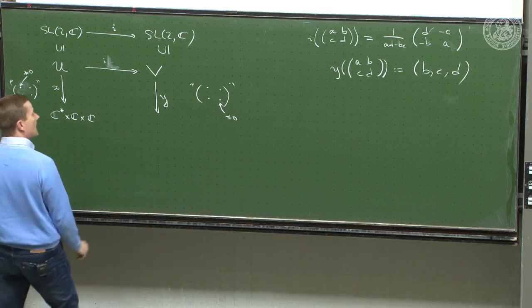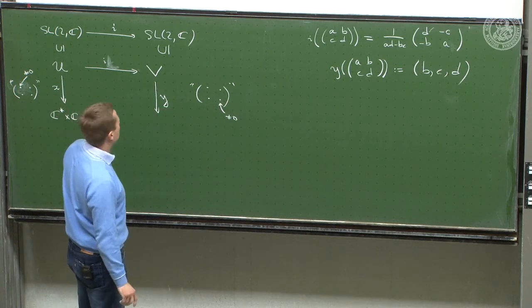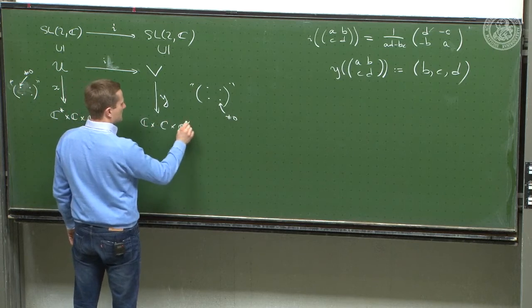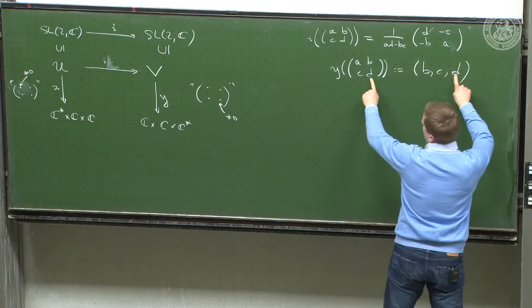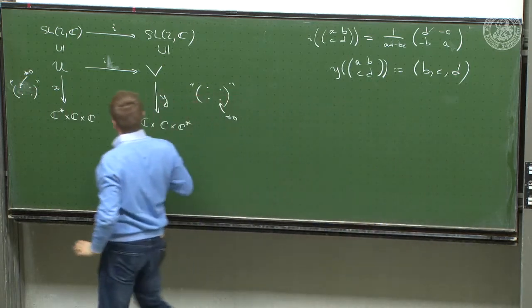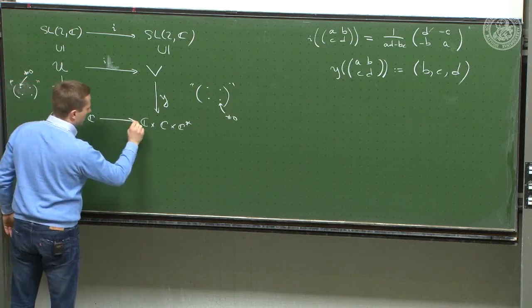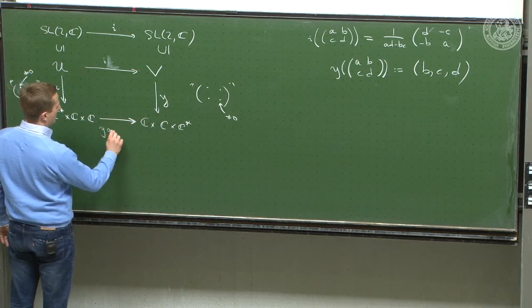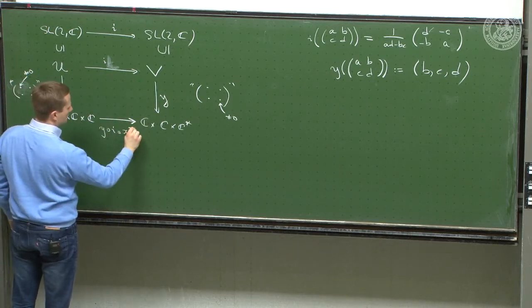Okay, so fine. So that means that guy goes into C, C, C star, because now it's the D here, the lower right, that is non-zero, so that goes to here. So chart here, chart here. Now I can construct this map, and that is Y after I after X inverse.